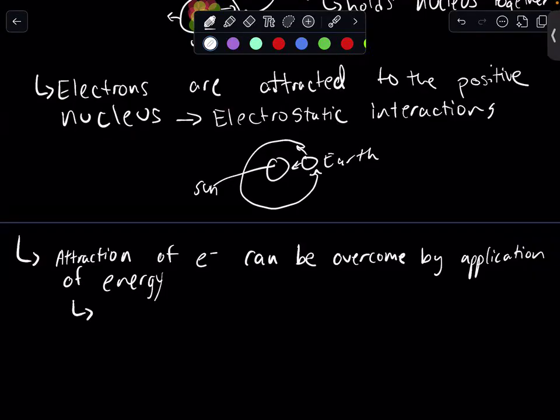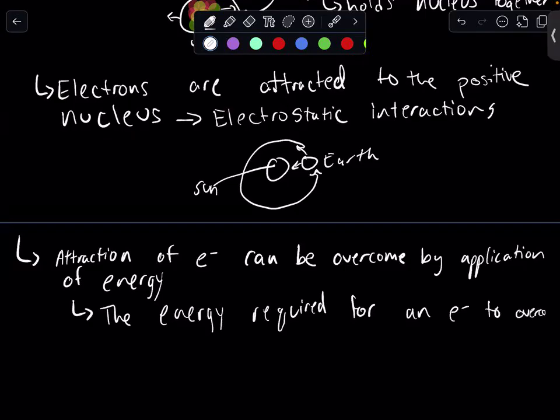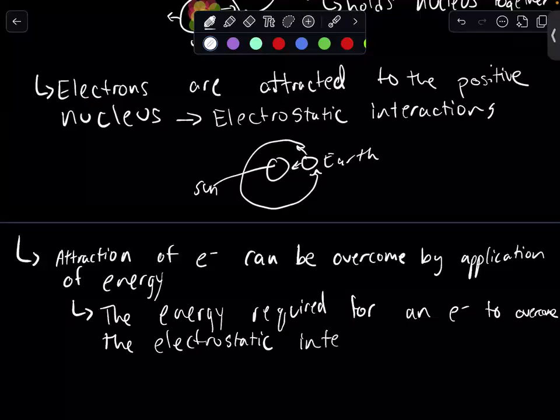There is a term for this. The energy required for an electron to overcome the electrostatic interactions is called ionization energy.